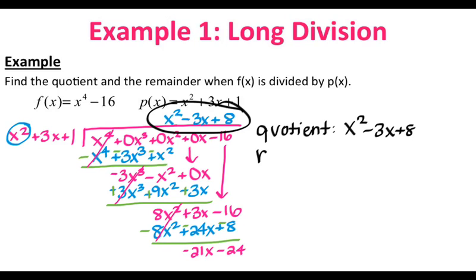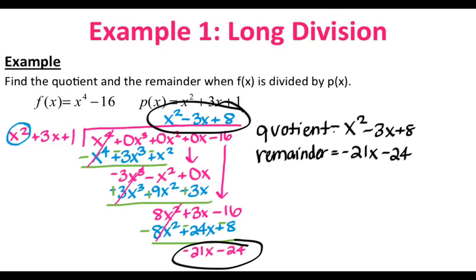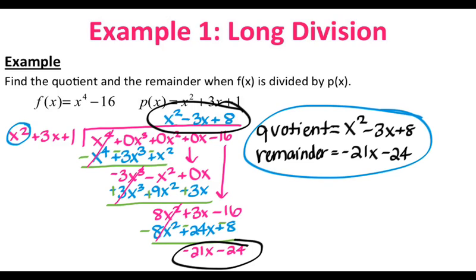And your remainder is the leftover at the bottom, so the negative 21x minus 24. And there is your final solution. So we're going to write the quotient and the remainder separately. We're not going to connect them together. We're just going to go ahead and keep them separated.